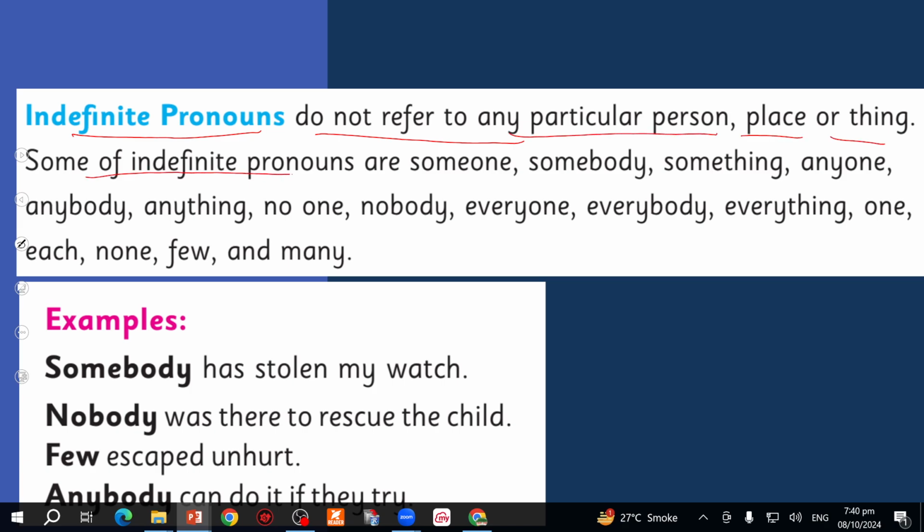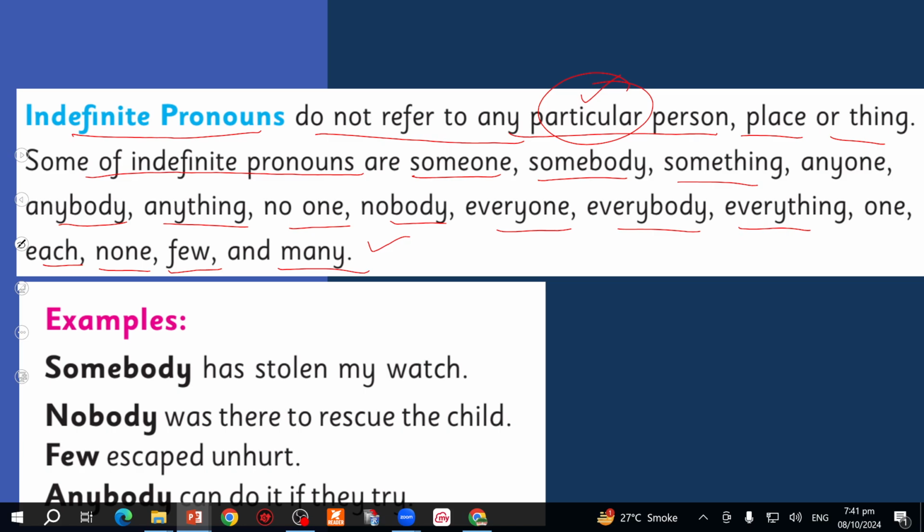Some of the indefinite pronouns are someone, somebody, something, anyone, anybody, anything, no one, nobody, everyone, everybody, everything, one, each, none, few, and many. All of these pronouns are indefinite because we are not referring to any particular thing, any specific thing.